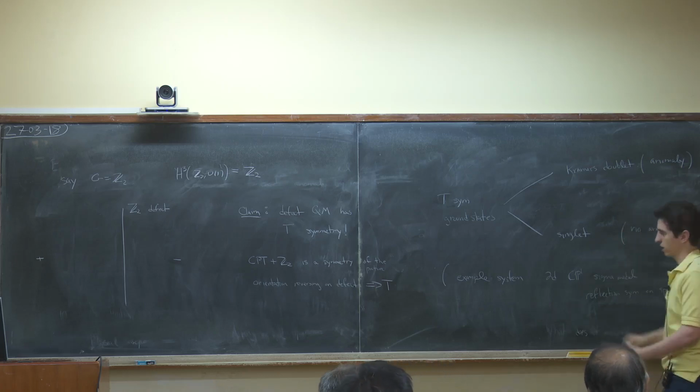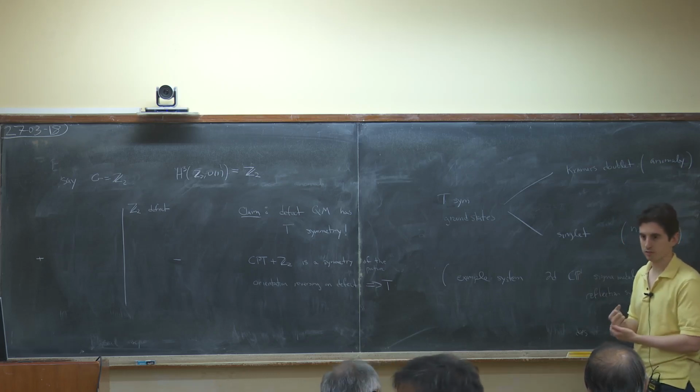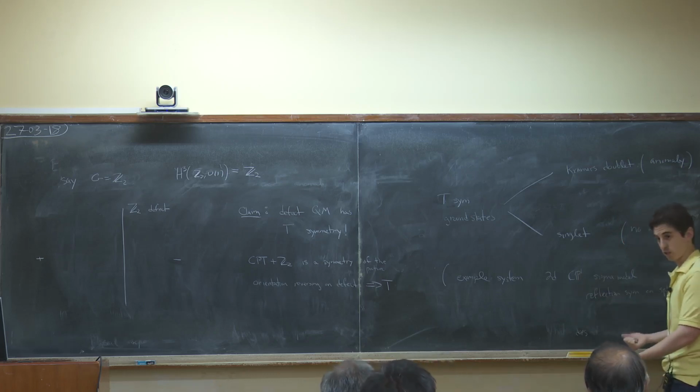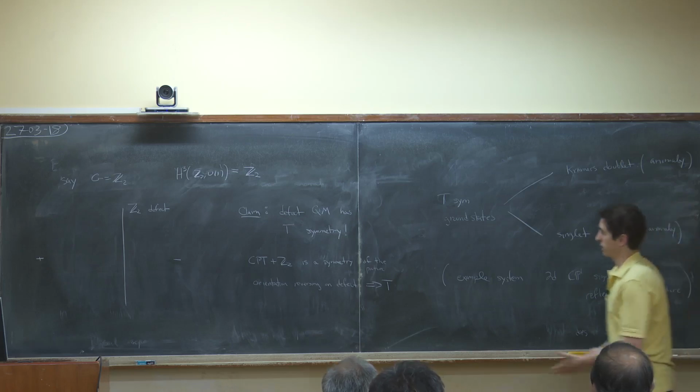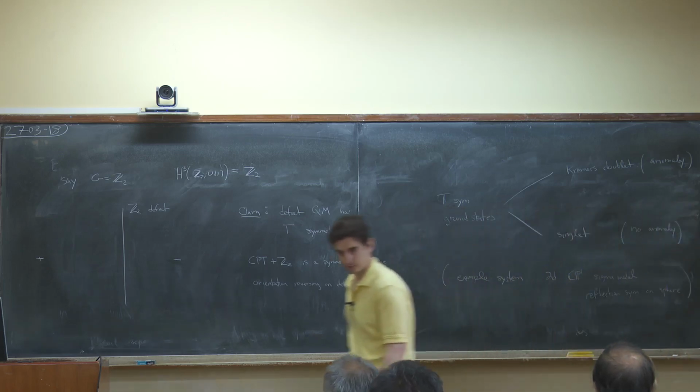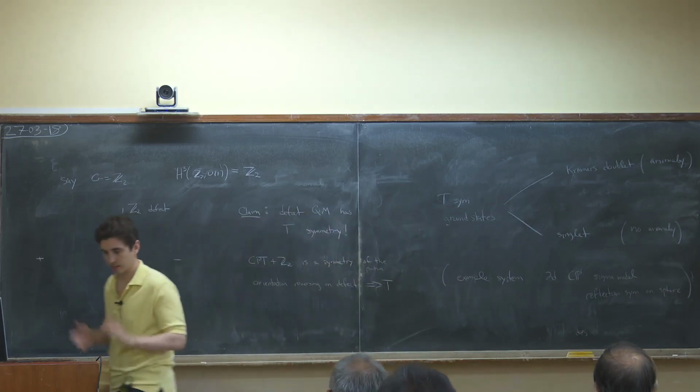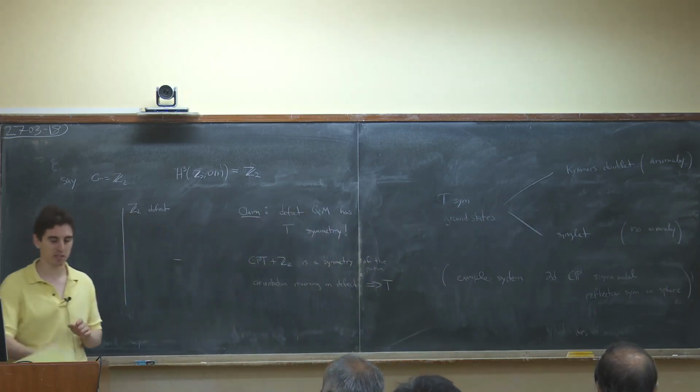There's an orientation reversing symmetry on the sphere. That's a Z2 unitary symmetry. On the target space, it's reflection. And that 2D theory has this anomaly. So it actually occurs in real simple systems that you care about.